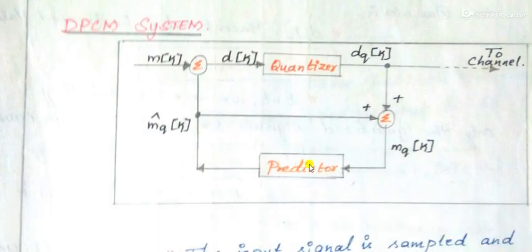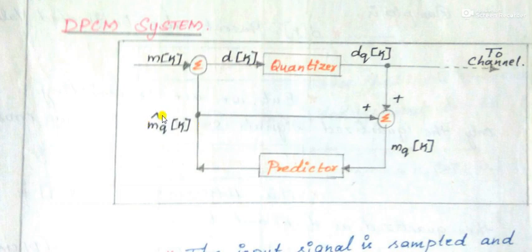So, this is the DPCM transmitter. m of k is the present sample and m of k minus 1 is the past sample. mq of k is the estimated quantized sample value.